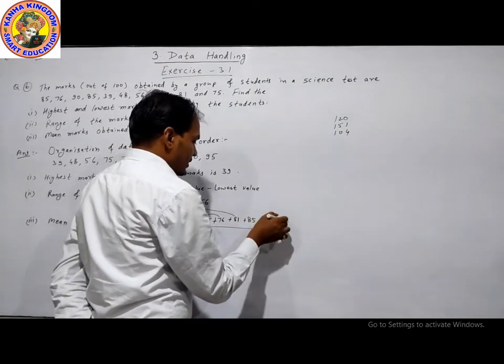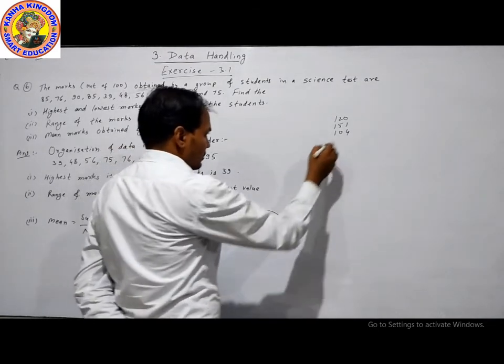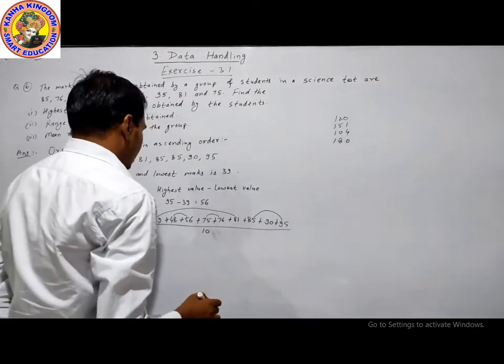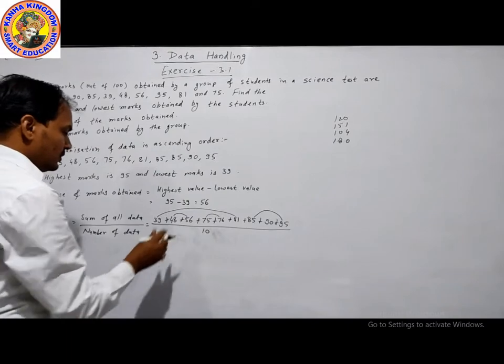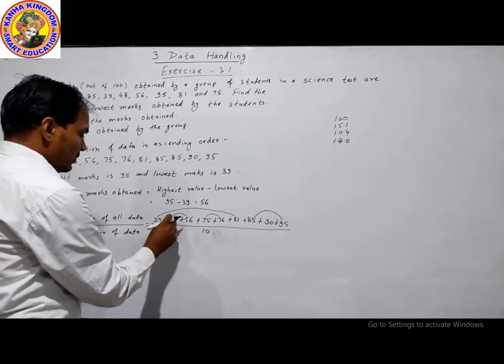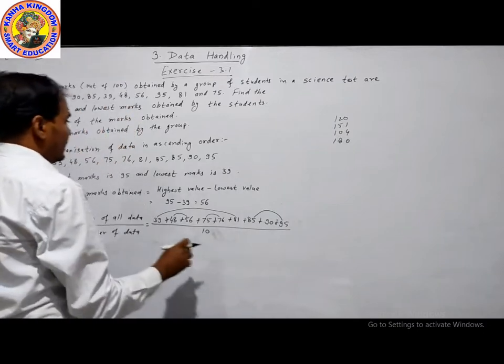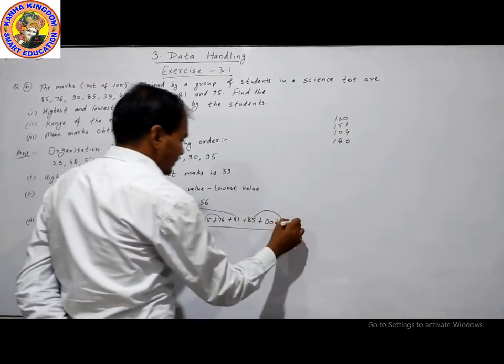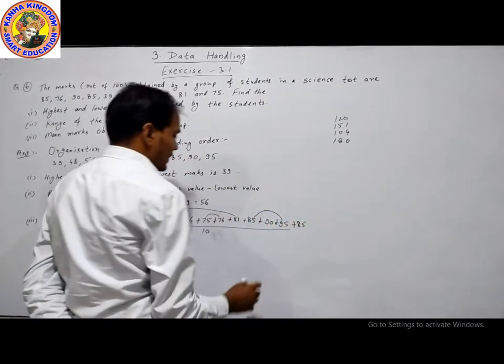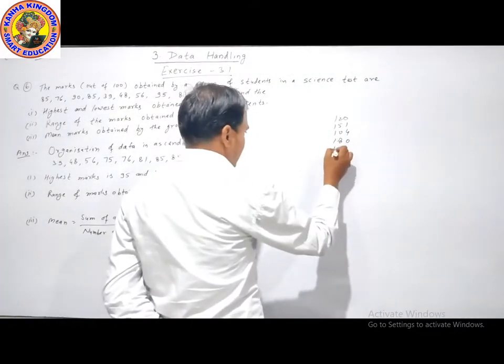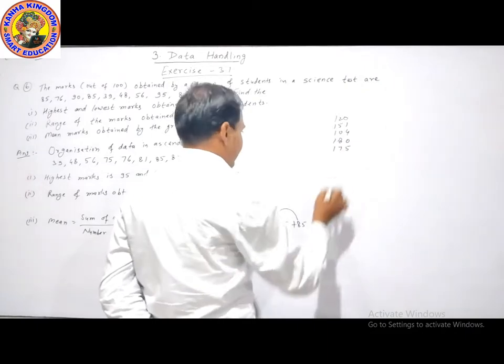Then the addition of these is 180. 1, 2, 3, 4, 5, 6, 7, 8, 9. This is our 85. The addition of these is 175.